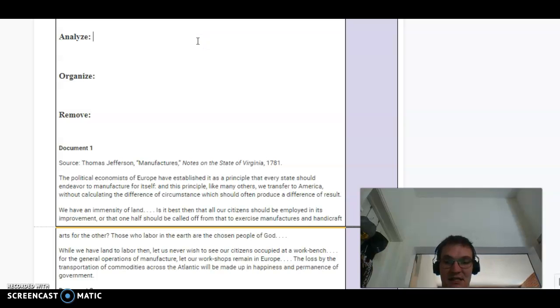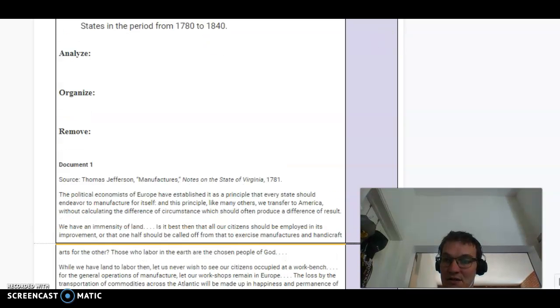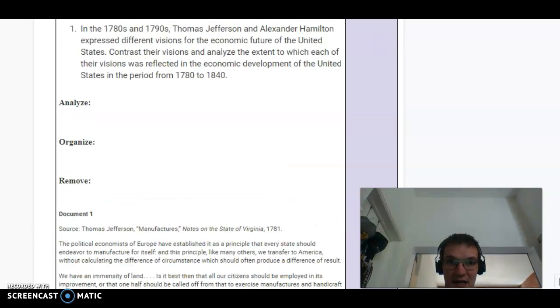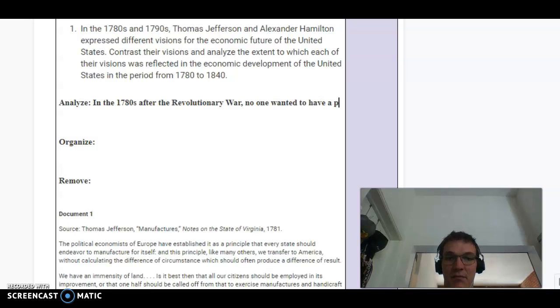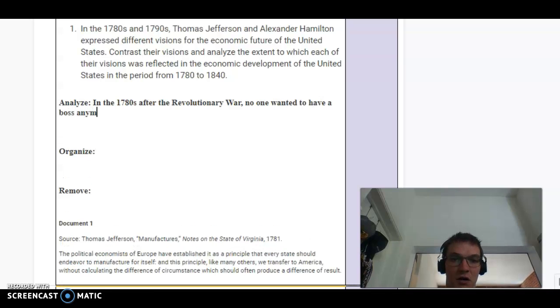And I'm just going to go back to the prompt, okay, and say, in the 1780s, after the Revolutionary War, no one wanted to have a boss anymore after experiences with British taxation.